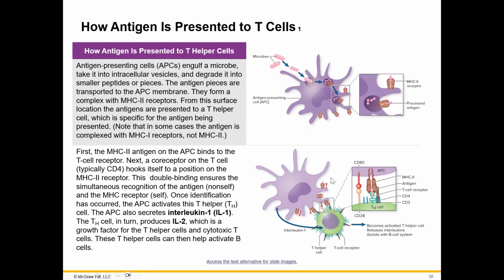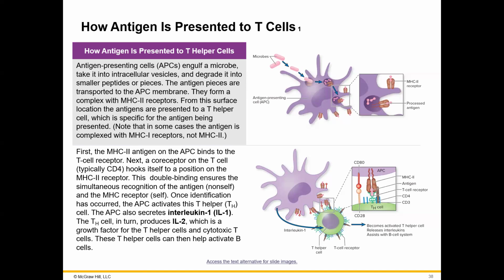Now, first, the MHC2 antigen on the APC binds to the T cell receptor. After that, a co-receptor on the T cell, CD4, cluster of differentiation 4, typically will hook itself to a position on the MHC2 receptor. So there is a double binding combination which happens, and this ensures that there's simultaneous recognition of the antigen as well as the MHC receptor.